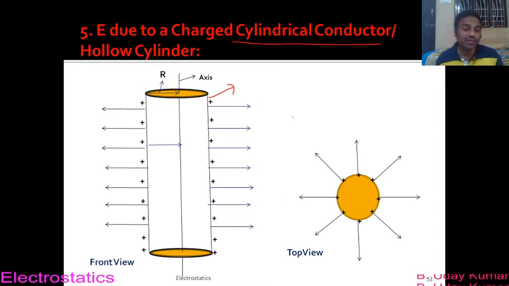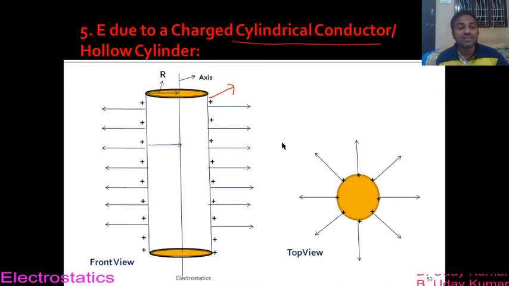Whatever charge is given to this cylinder is distributed along its length, so that means this is an example of linear charge distribution. And also whatever charge we give to this cylinder is uniformly distributed on its surface, so it is also an example of surface charge distribution.